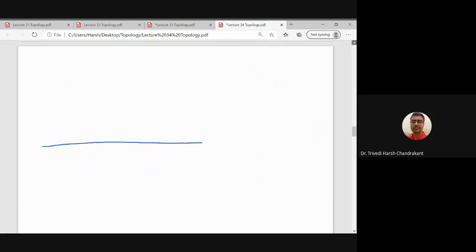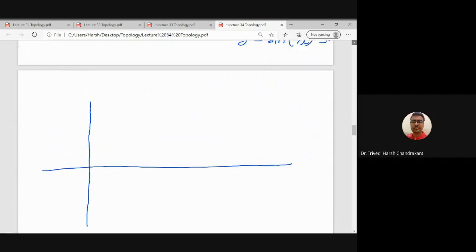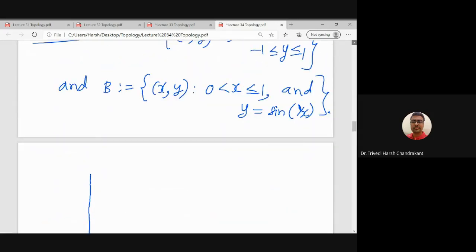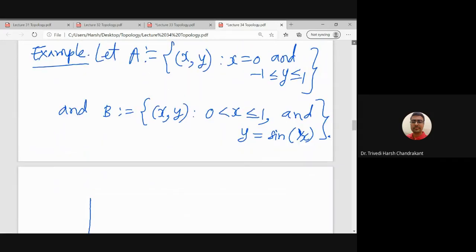So we take R2. What is our first set? Our first set is all the points (x, y) such that x is 0. X is 0 means I have the y-axis, and my y is between -1 and 1.